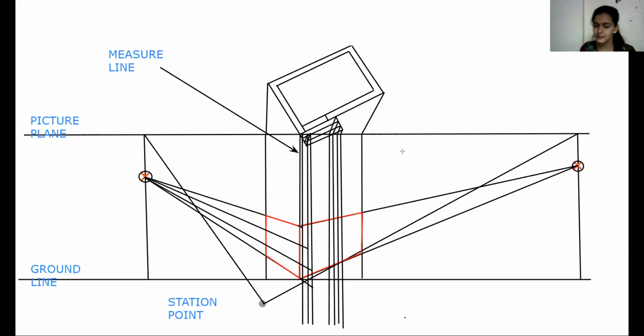Now from this you can join a section of steps from a single side. I'm using a red color and showing you.